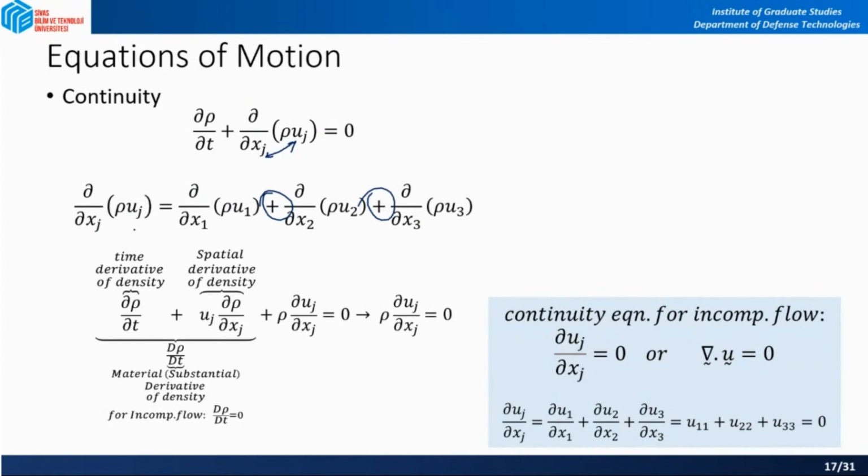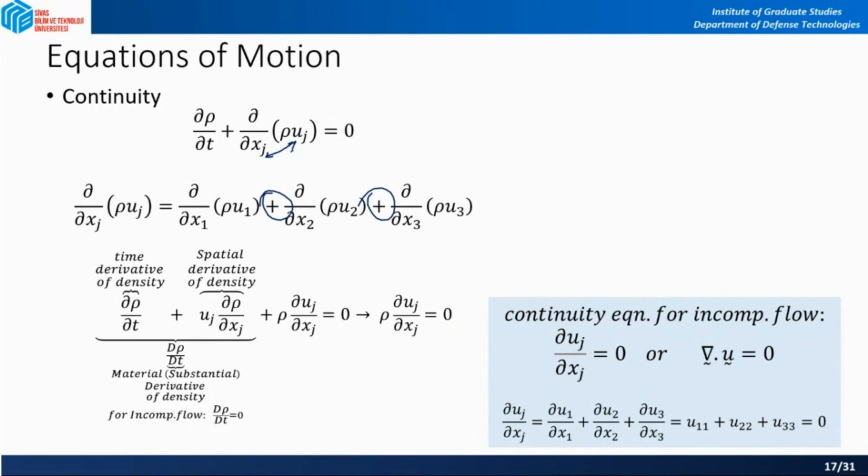Whenever you see a repeating index, it says that you have to do summation over these indices. We also call this a replacing index. There is no free index or non-repeating index or non-replacing index. The only thing that you have in the continuity equation is a dummy or replacing or repeating index.